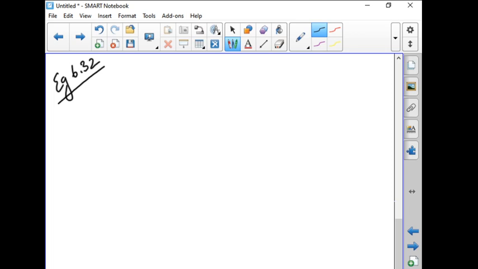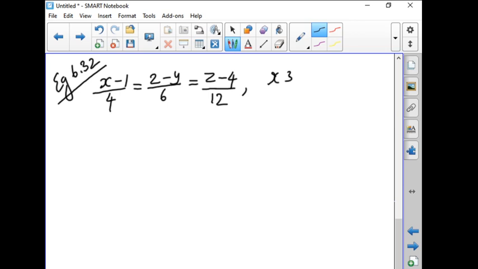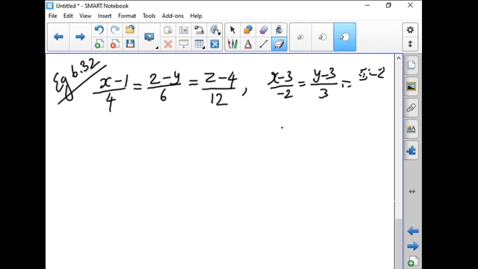Show that the lines are parallel: (x minus 1) divided by 4 is equal to (2 minus y) divided by 6 is equal to (z minus 4) divided by 12, and another line is given as (x minus 3) divided by minus 2 equal to (y minus 3) divided by 3 is equal to (5 minus z) divided by 6.